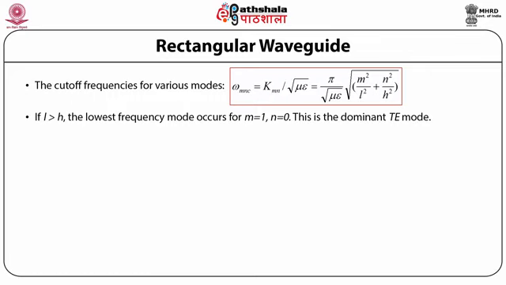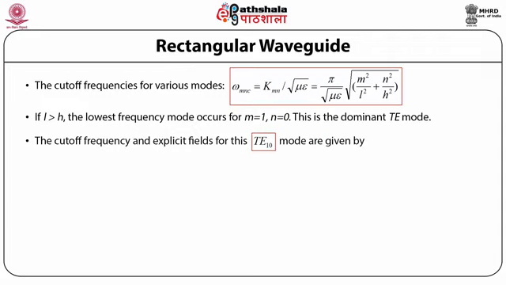This is the dominant transverse electric mode, and the cutoff frequency and the explicit fields for this transverse electric 1-0 mode are then given by omega 10c, that is the cutoff frequency for the 1-0 mode, is equal to pi by under root mu epsilon whole times 1 by L. This is the equation that we can obtain by substituting the value of m equal to 1 and n equal to 0 in the above equation for omega subscript mn c.